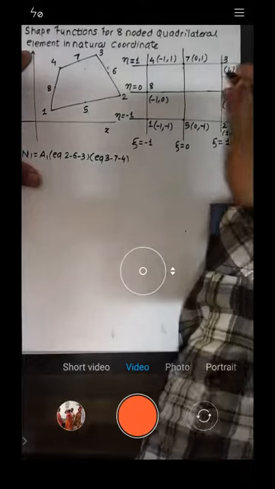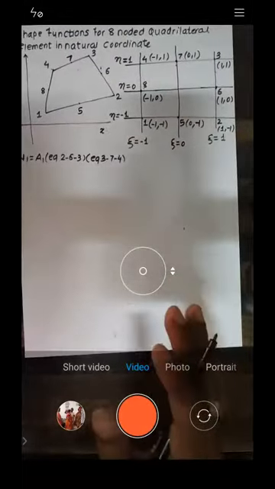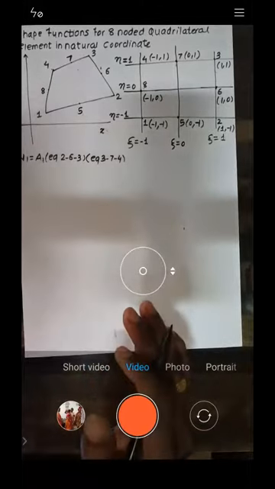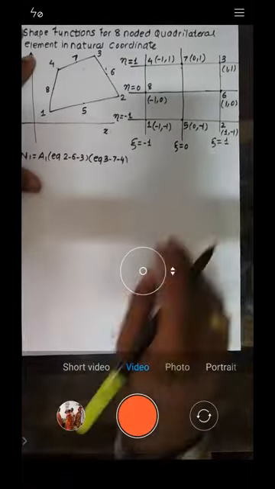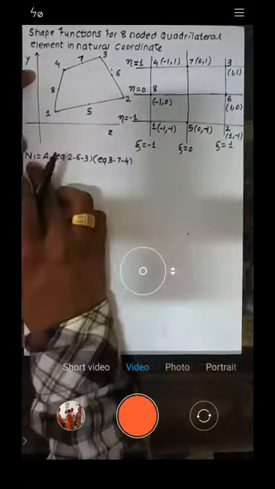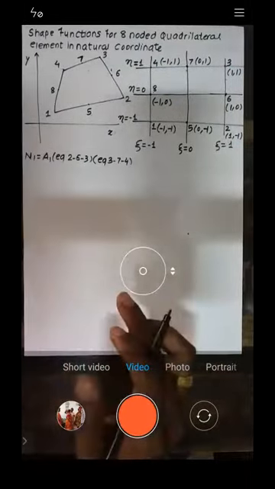But see, if you consider only these two lines, this will give you the shape function for a 4-noded quadrilateral element. It will give the value of n1, but for a 4-noded quadrilateral.